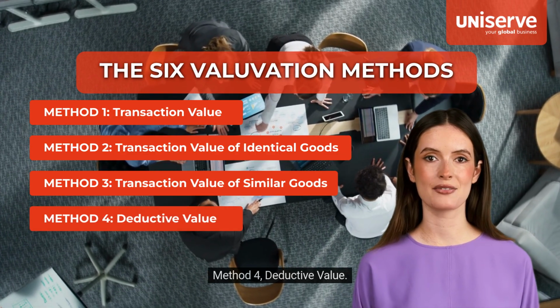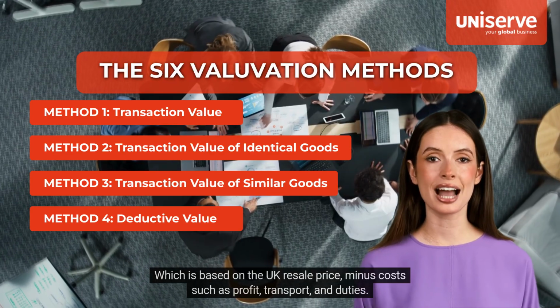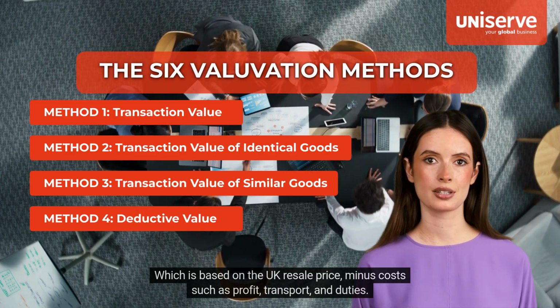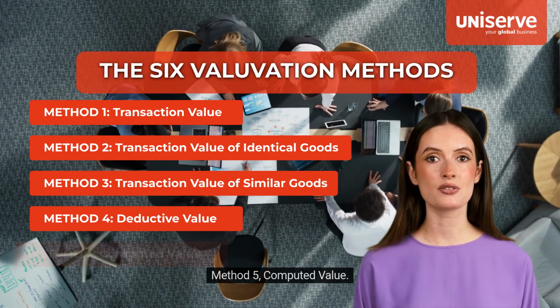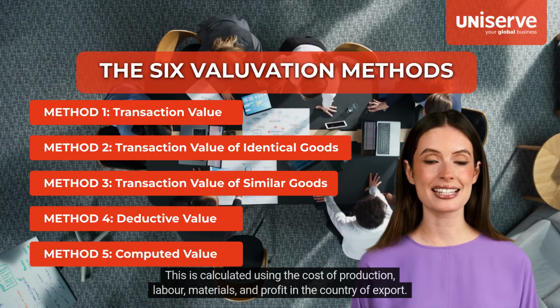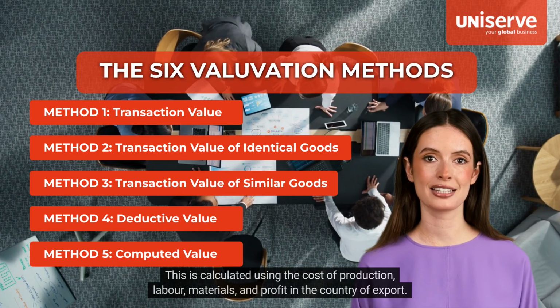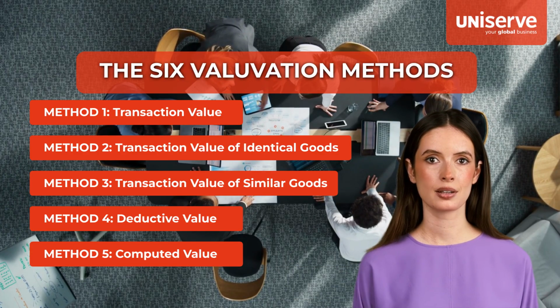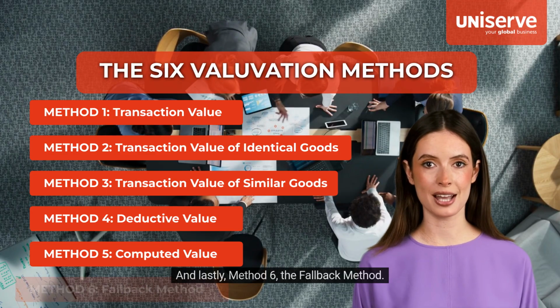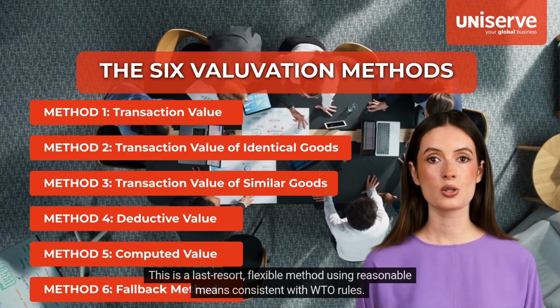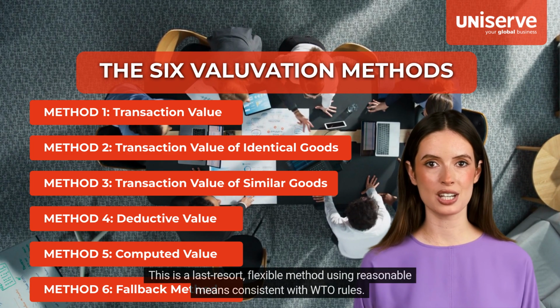Method 4, deductive value, which is based on the UK resale price minus costs such as profit, transport and duties. Method 5, computed value. This is calculated using the cost of production, labour, materials and profit in the country of export. And lastly, method 6, the fallback method. This is a last resort, flexible method using reasonable means consistent with WTO rules.